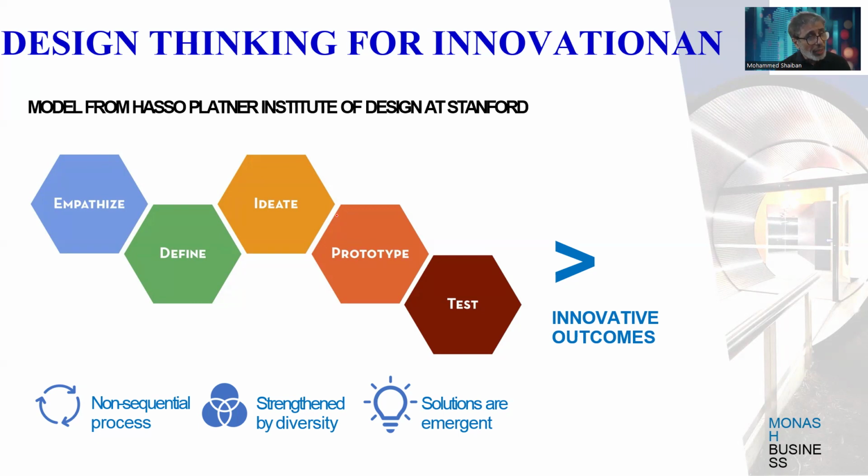Then after we empathize the idea, we define it. Defining the idea comes after this stage, which means now we know what the problem is. And we can actually identify in this stage the pain, the need, and the want of the customer.